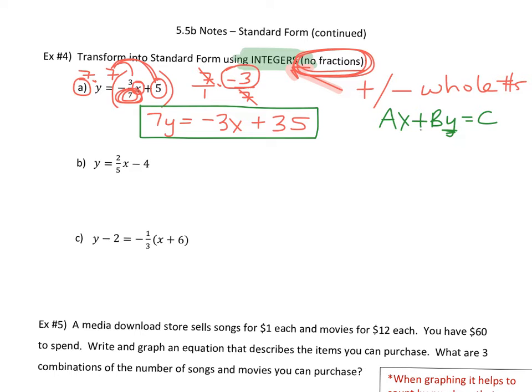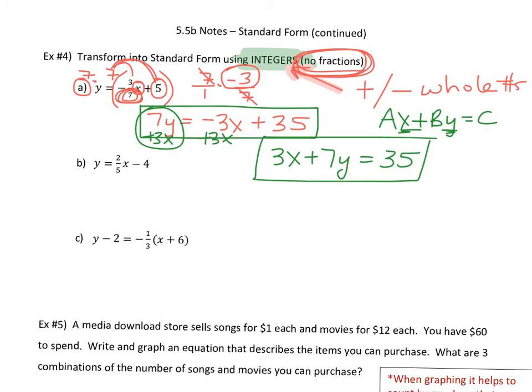So we need our x and our y to be on the same side of our equal sign. Oh, add. So we're going to add 3x to both sides. Can I combine these, 7y plus 3x? No. So you're going to write it 3x plus 7y equals 35. And that is your standard form, and that is your answer.